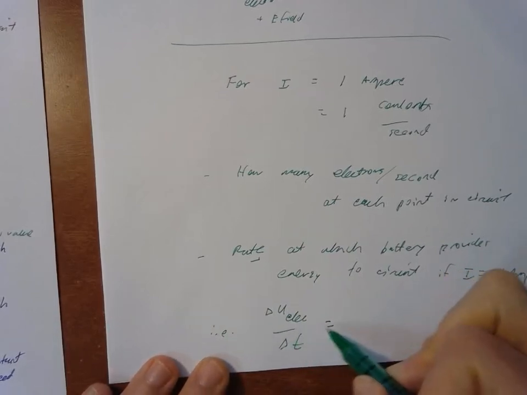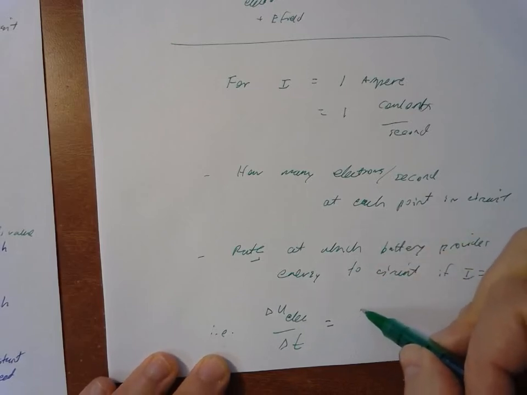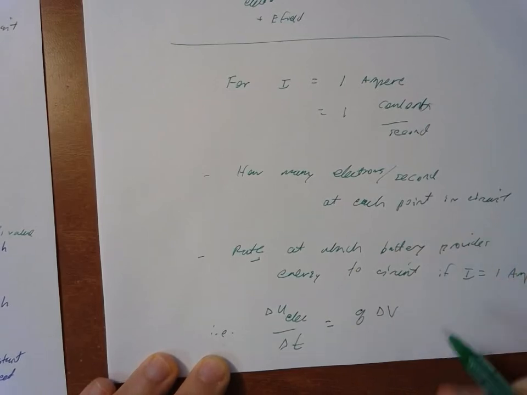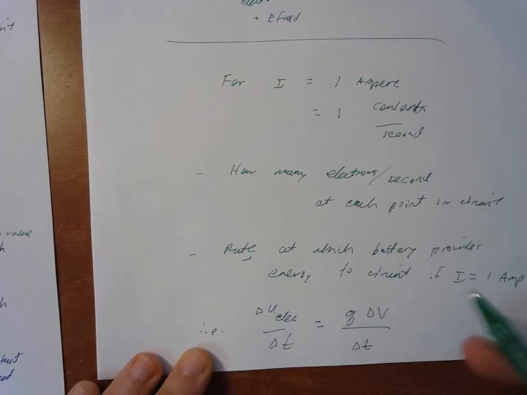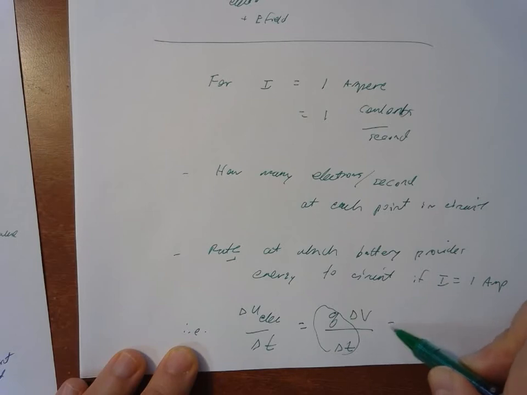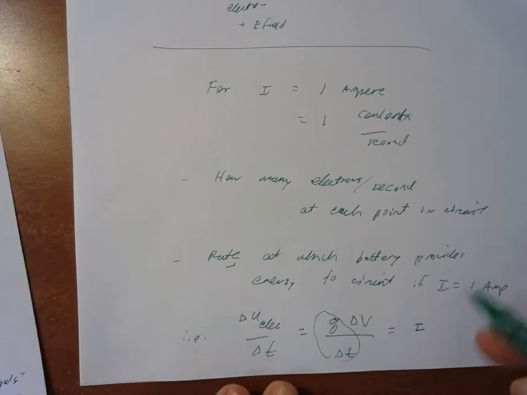We know that change in electric potential energy is simply how much charge times the change in voltage that that charge moves through. When we divide by time, we get the rate. However, charge divided by time is nothing but the current in coulombs per second, or amps.